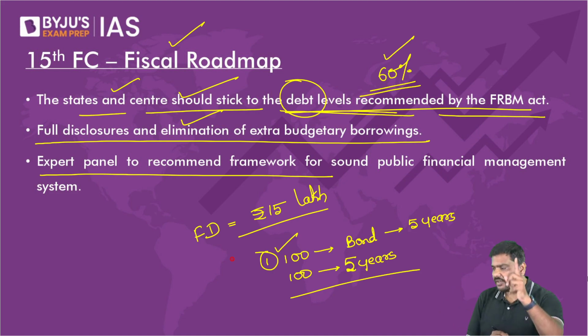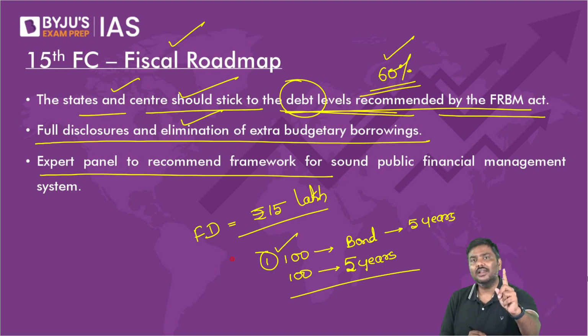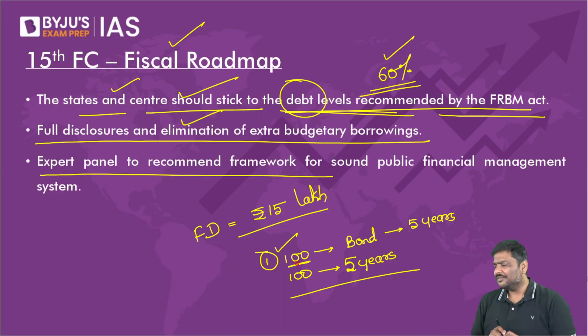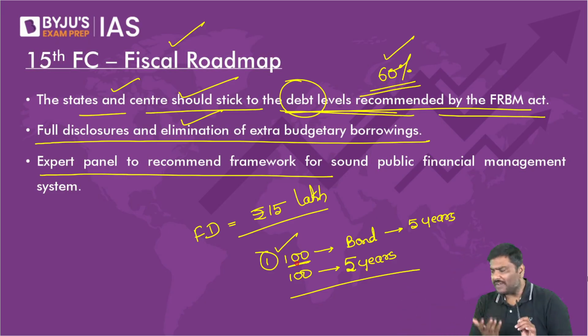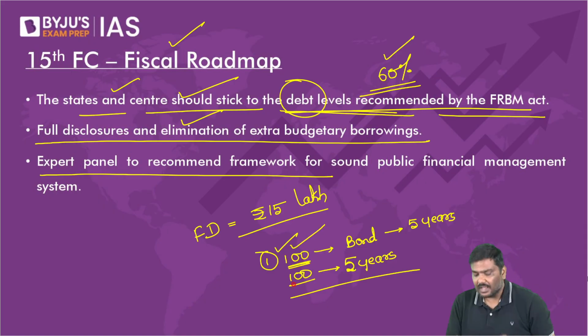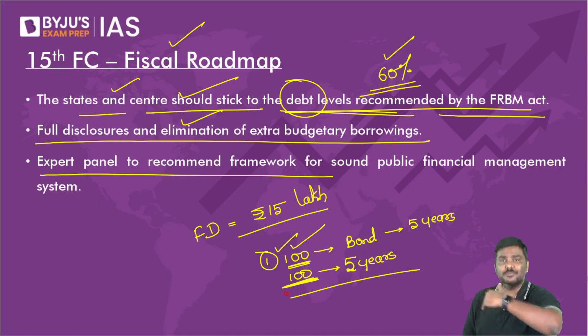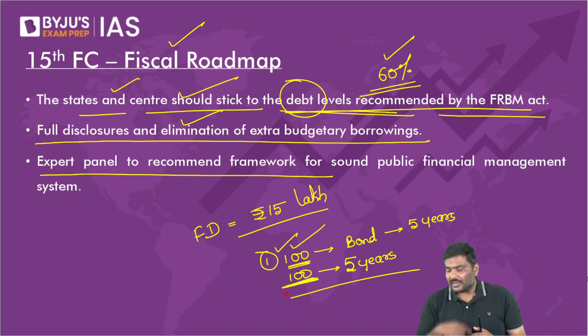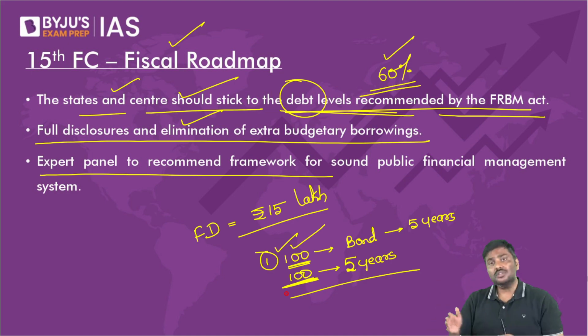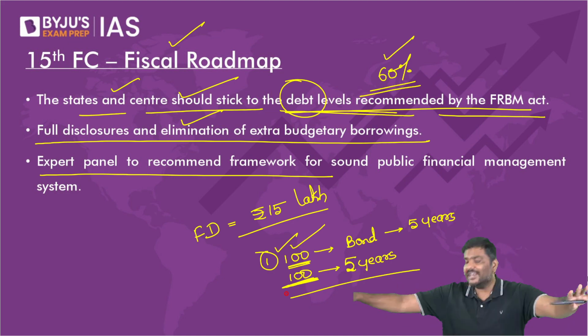But after 5 years, will the government repay only 100 rupees? No. They will have to repay 100 rupees, that is their fiscal deficit. They will also have to repay the 100 rupees which the National Highways Authority of India has borrowed on behalf of the Government of India. So that is the reason whatever extra budgetary resources you use, disclose it, give clarity regarding that, and over a period of time, eliminate the practice of EBR.